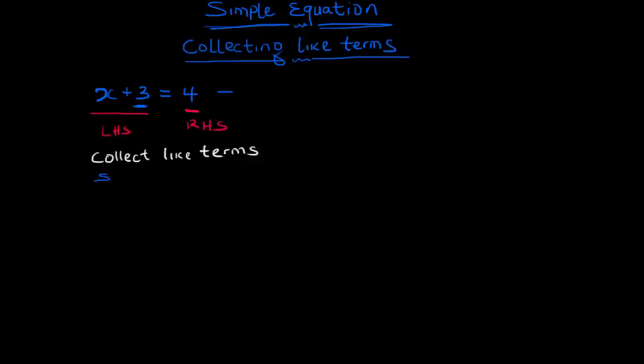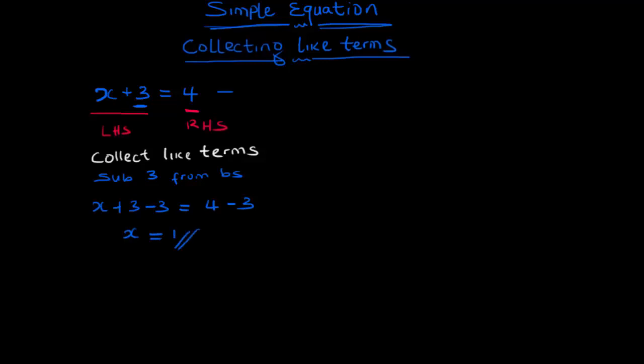So I subtract 3 from both sides. What I do to the left hand side I have to do to the right hand side. So look at this: x plus 3 minus 3 equals 4 minus 3. Now 3 minus 3 is 0, so I'm left with x here. 4 minus 3 is 1, so x equals 1.